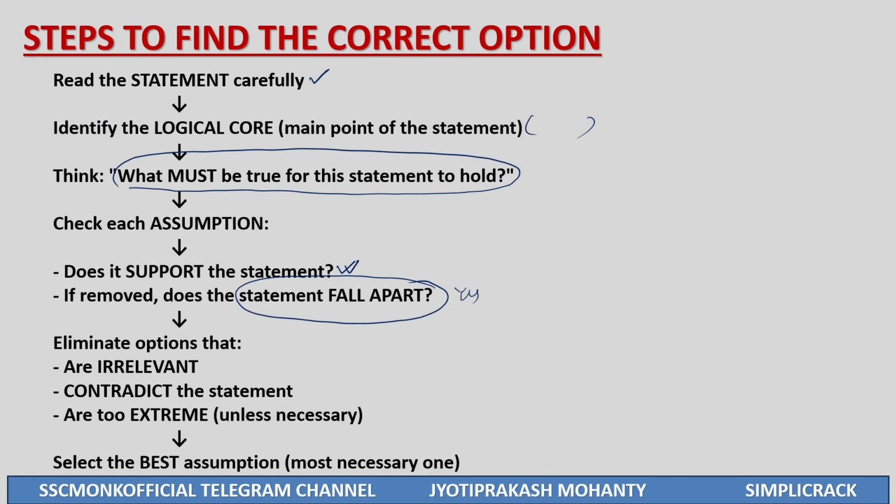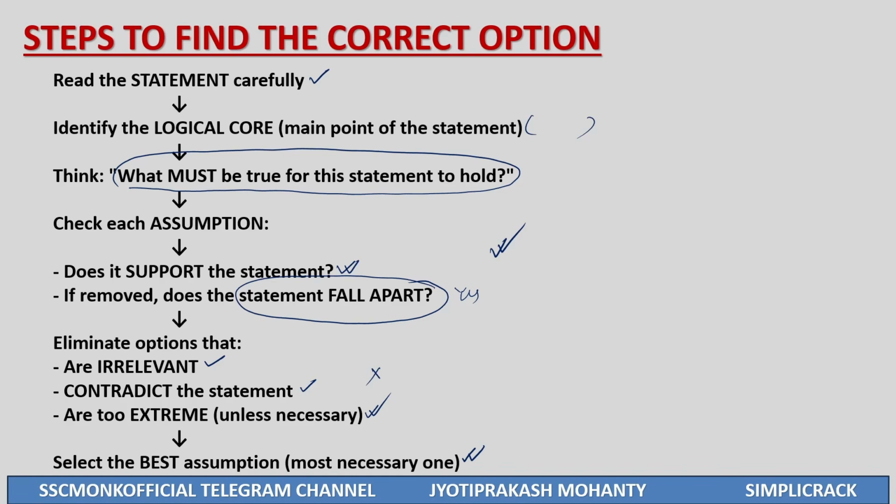So you must ensure that if that particular assumption is removed, then the statement won't hold true. Now if these two conditions are satisfied, that is my assumption. But if in any case the assumption is irrelevant or contradicting the statement, or very extreme which is not necessary, then that cannot be my assumption, and based on this logic you will be selecting the right assumption.